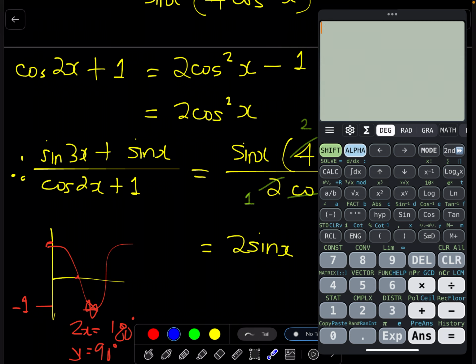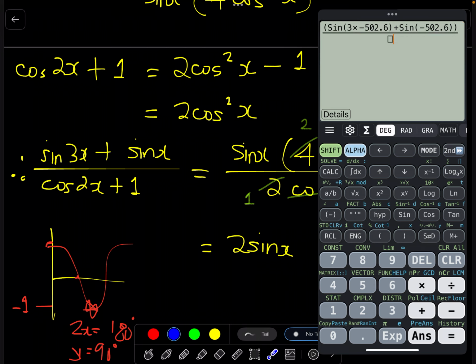Okay, so let's try another x. Let's try something negative and weird, like negative 502.6, plus sine of negative 502.6. I didn't put it over a fraction. Let's see if I can do that now.